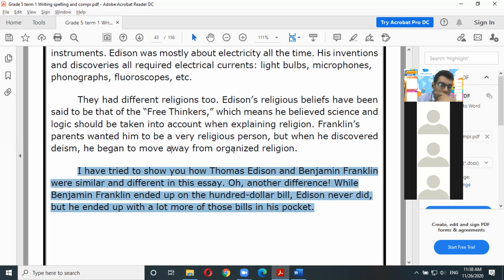They were inventors, so of course both of them were smart. What else? Try to find it out. Everyone, send in the chat. Both of them were what? You infer it from the paragraph, which means you understand. It's not there. You have to build up your answer.